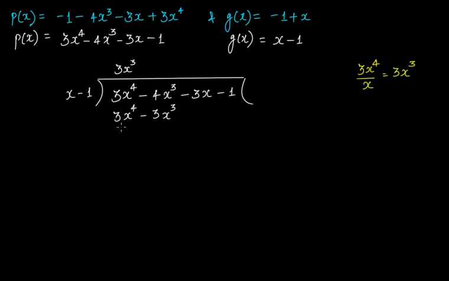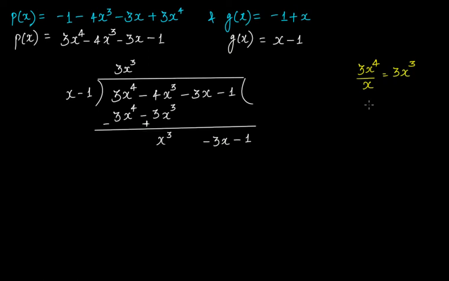Now when you subtract, this is minus, this is plus, so you get x cubed, and then you have minus 3x and minus 1. x cubed minus 3x minus 1.